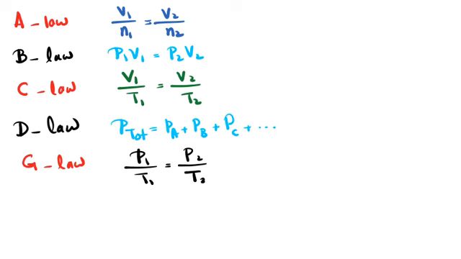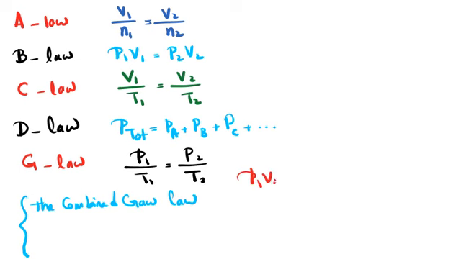We also talk about the combined gas law. It means we combine three parameters: P1 V1 over T1 is equal to P2 V2 over T2.